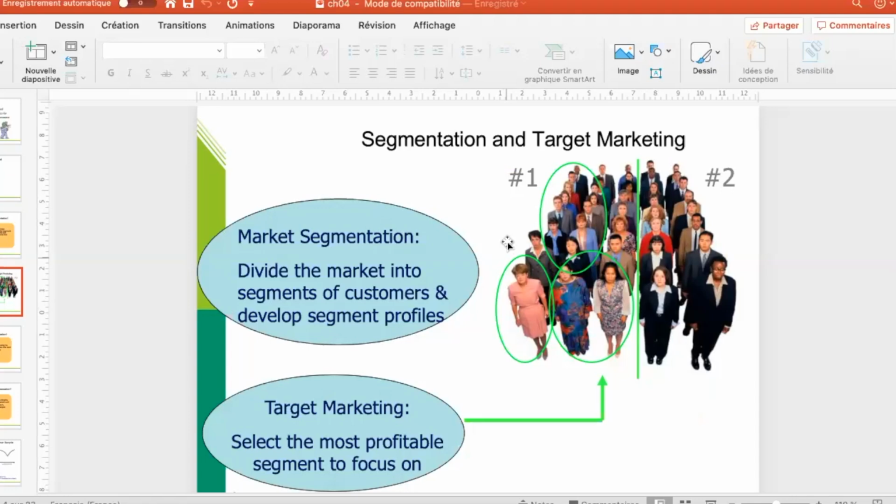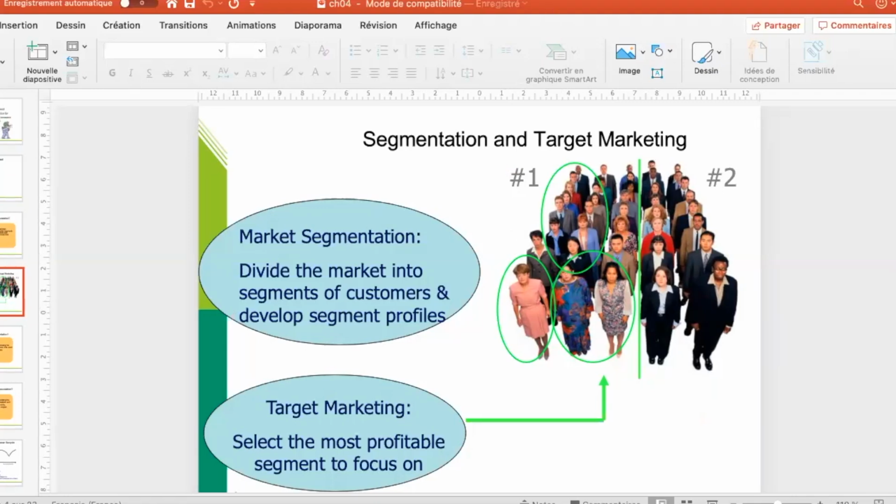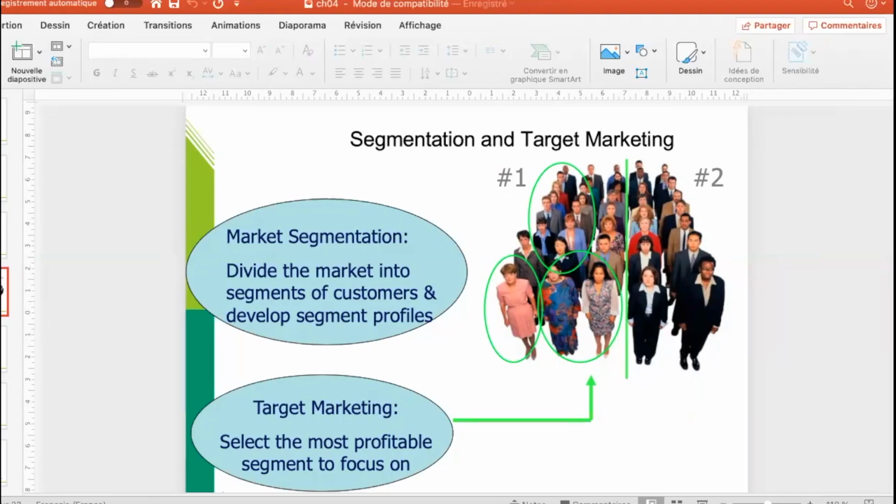Generally, a small firm would focus on a niche market, so one single segment in which it is specialized and in which it can better satisfy its customers. A big firm like L'Oréal would probably be present in all markets. Our market is cosmetics. We have customers with higher incomes and lower incomes. So we can segment the market into premium markets, for which we develop brands for premium customers, for example Biotherm, Lancôme, all these brands that you can find in perfumeries.